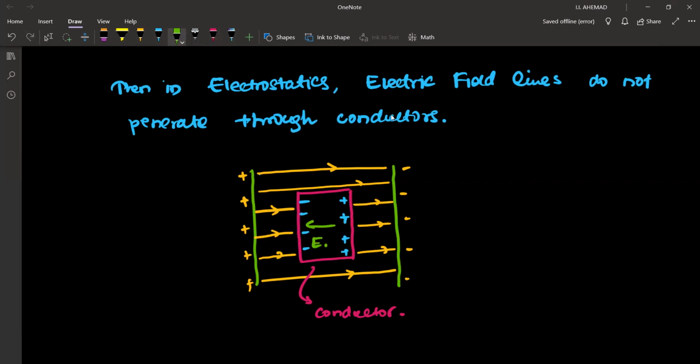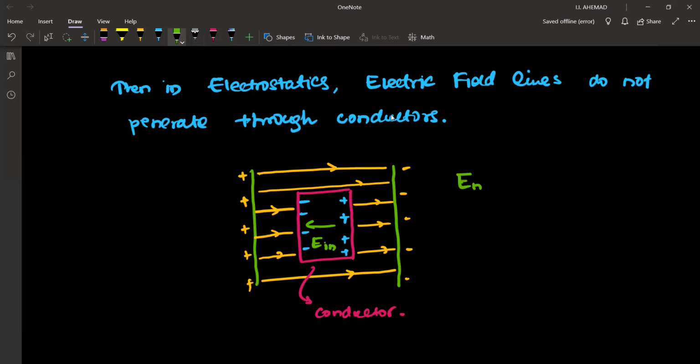And the field outside, let's call it E external. So what is the net electric field inside?